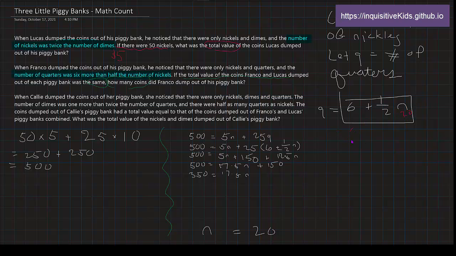Well, Q would be 6 plus 1/2 of 20, which is the same as 6 plus 10, which is also 16. So then Q would equal 16, and the total number of coins would be 20 plus 16, which is 36. So how many coins did Franco dump out of his piggy bank? 36 coins.